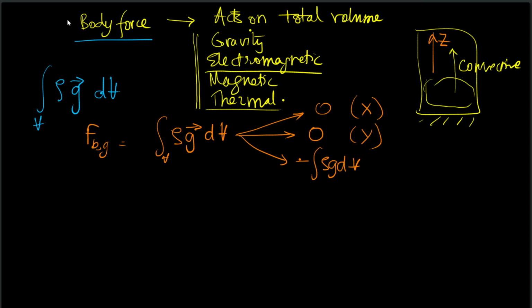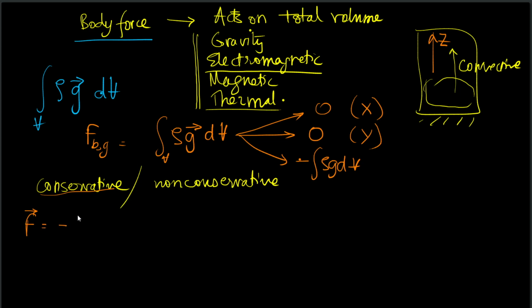Now body forces can also be conservative and non-conservative in nature. A conservative body force means that, or rather, a conservative force implies that the force can be written as the negative of a potential.